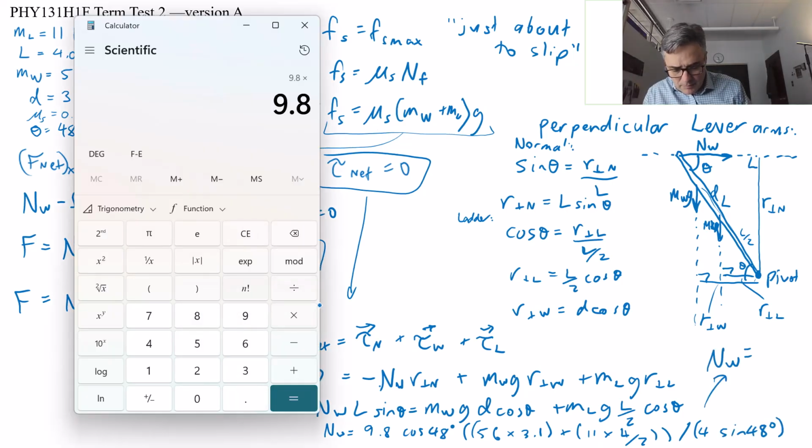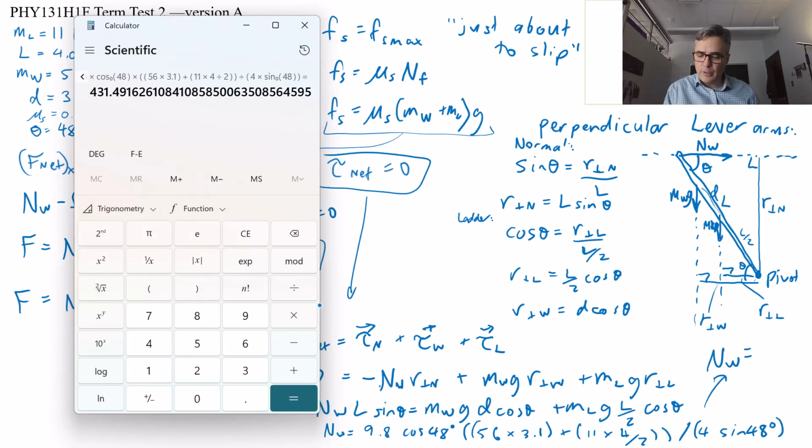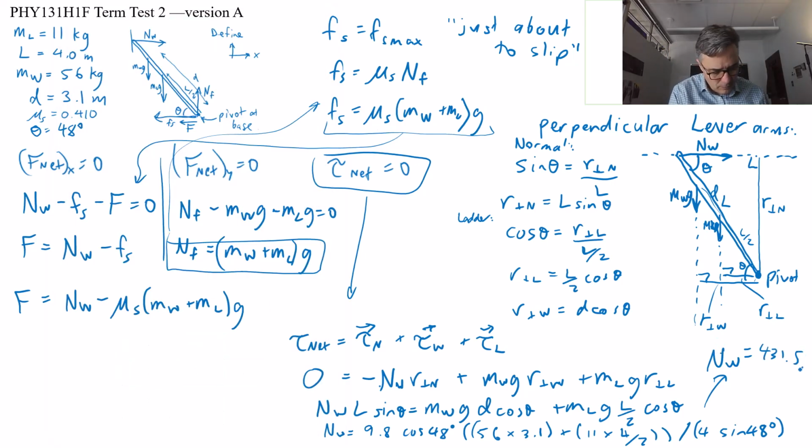9.8 times cosine 48 times open bracket 56 times 3.1 plus 11 times 4 divided by 2, close bracket, and then divided by open bracket 4 times sine 48, close bracket, equals 431.5 newtons.